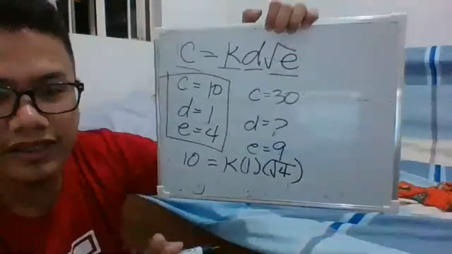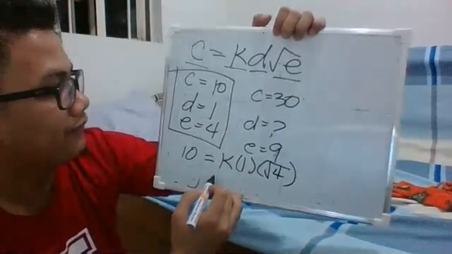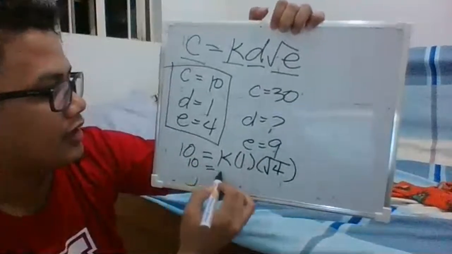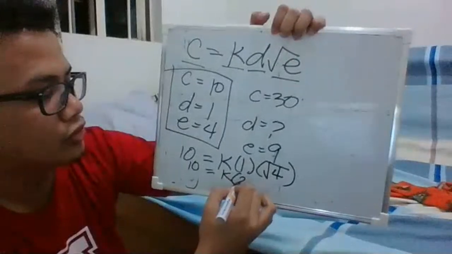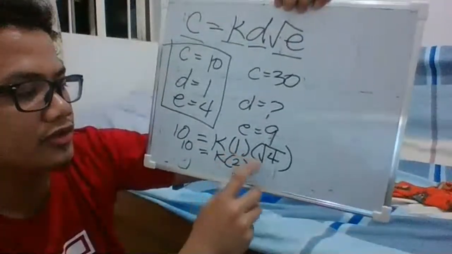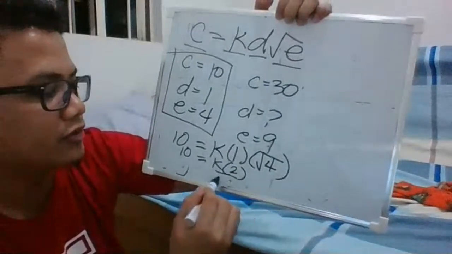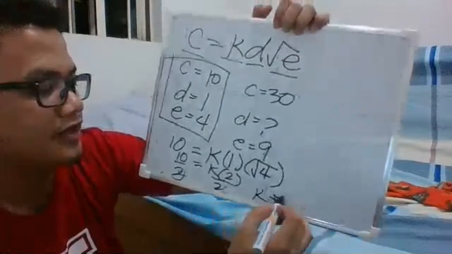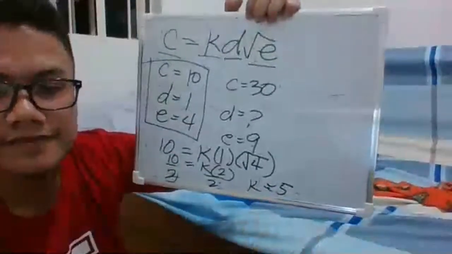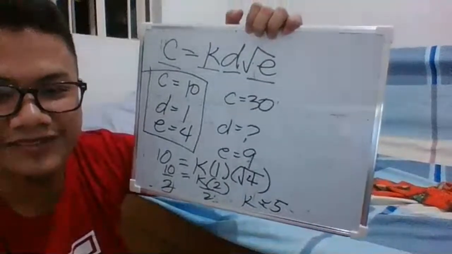So yan lagi, K. So now, 10 equals K times 2 times 1. So square root of 4 is 2 times 1. So 2 pa rin. Then divide both sides by 2. So the value of K is 5. Okay, K equals 5.